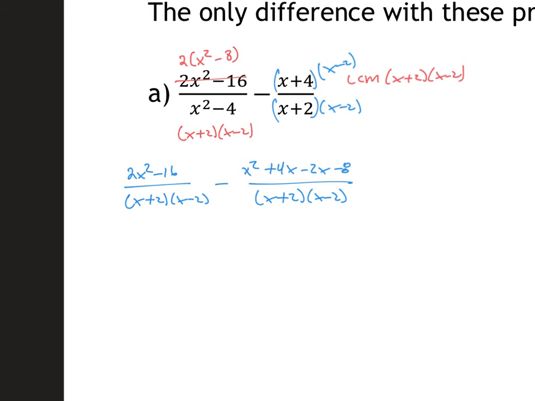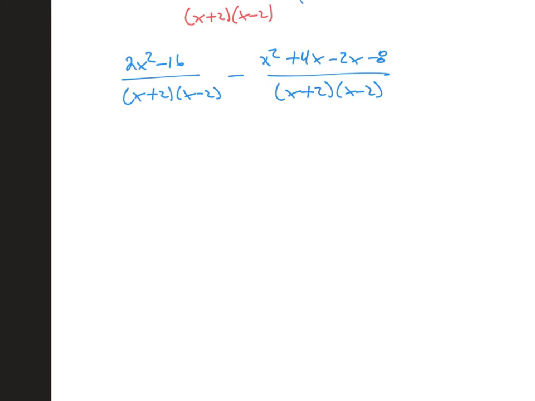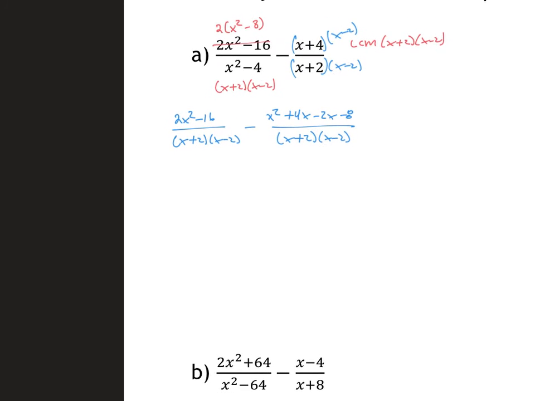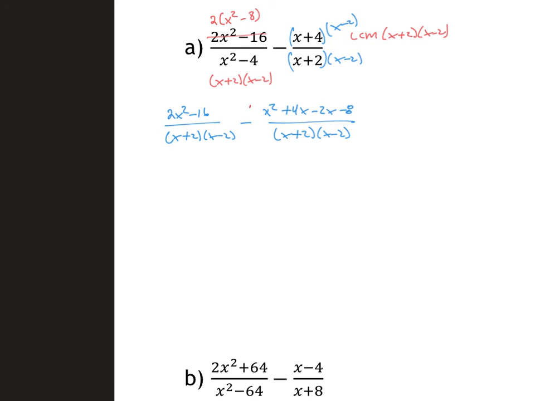All right. Since I got plenty of space and I'm allowed to zoom in, this is nice. I like what I'm doing. I'm going to distribute this negative sign. So what I have here is 2x squared minus 16, then minus x squared minus 4x plus 2x plus 8.